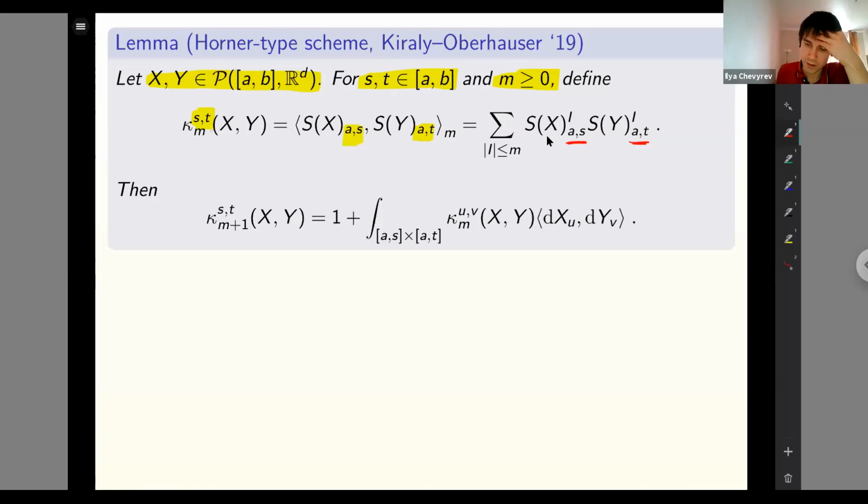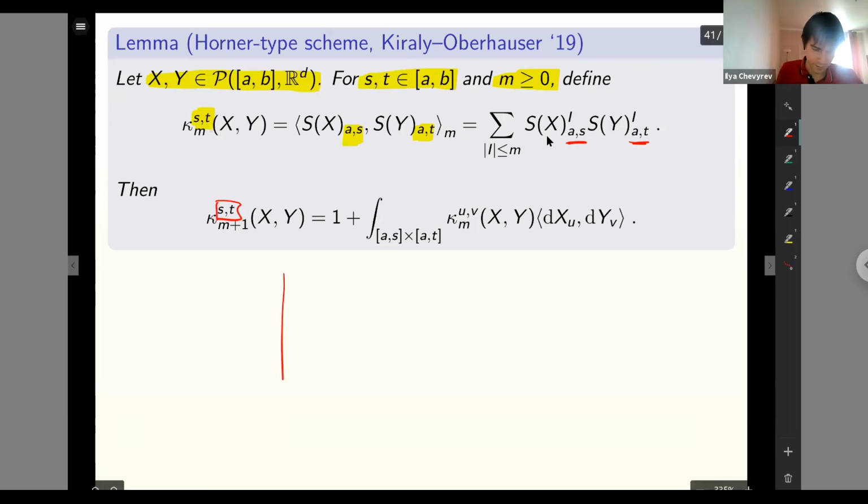Okay, and then what the recursive formula tells us is that in order to go from truncation level m to truncation level m plus 1, I just need to compute an integral. This integral is a two-dimensional integral. I again restrict the time to s and t.